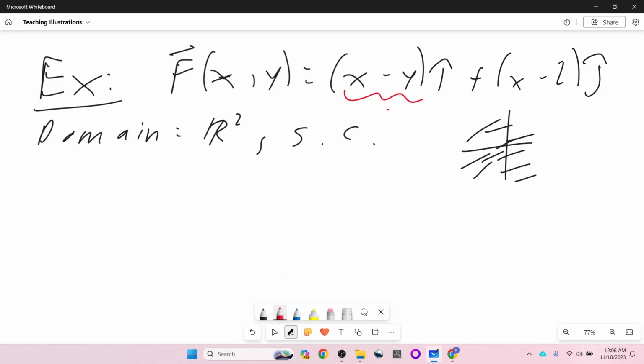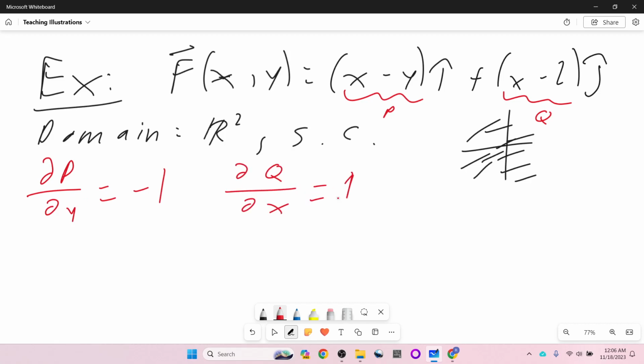The first one is P, the second one is Q. So del P over del Y is -1. And del Q over del X is +1. Those are not equal. So this is not conservative.